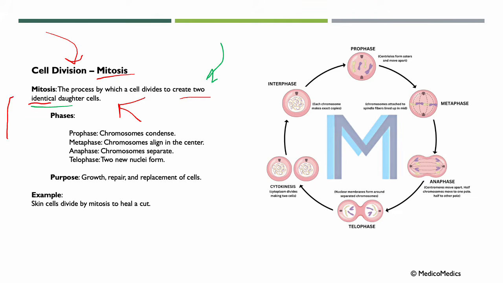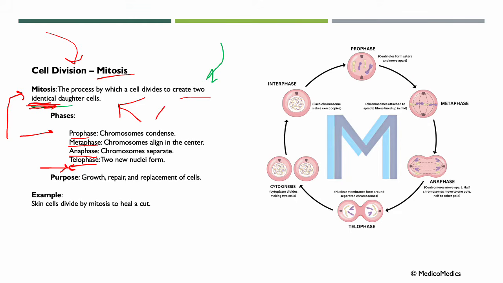And one way it differs from mitosis is the identical part of it all. But it will make sense as we move along. Now, the phases of mitosis include prophase, metaphase, anaphase, and telophase. We may also add something called cytokinesis at the end.